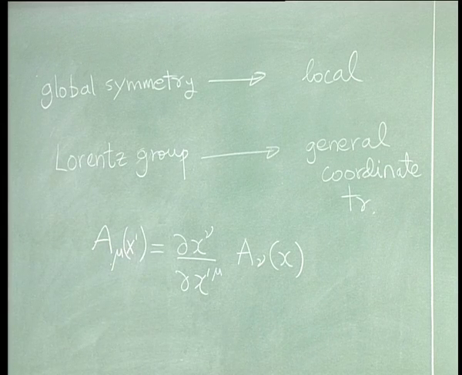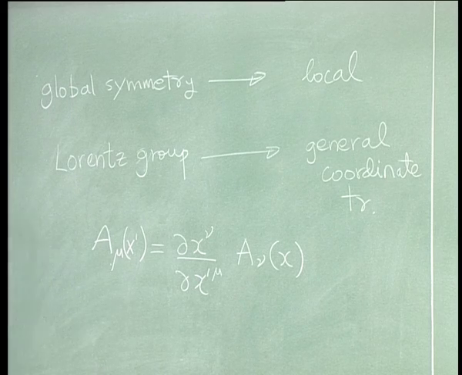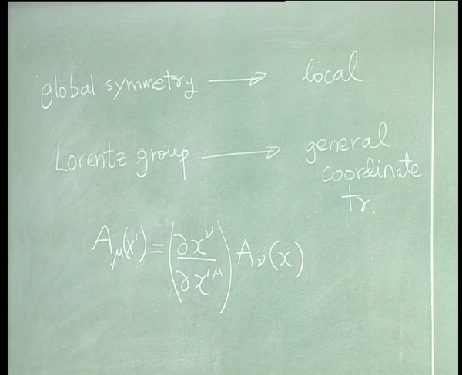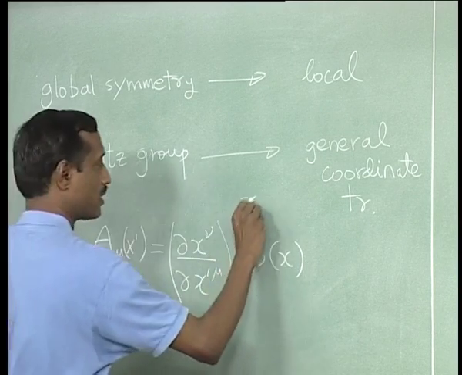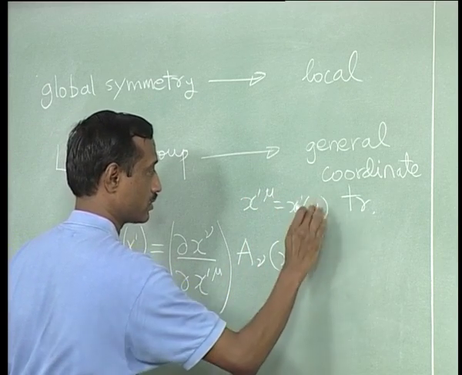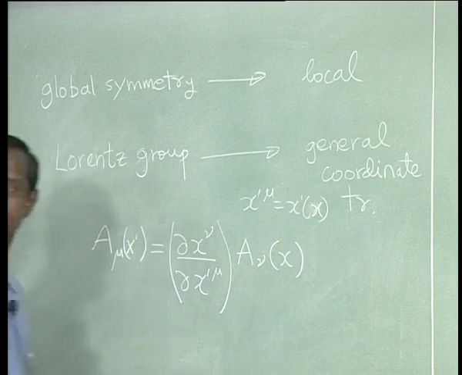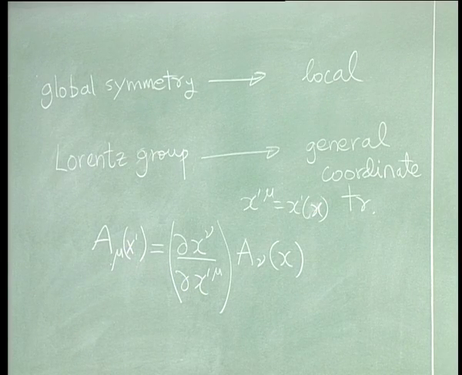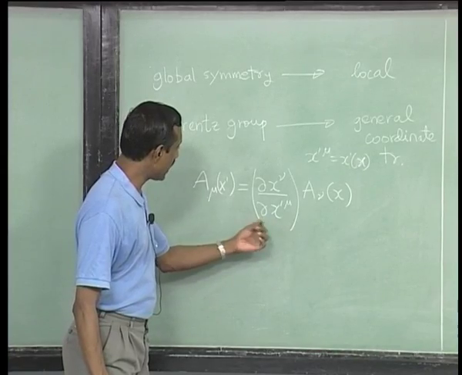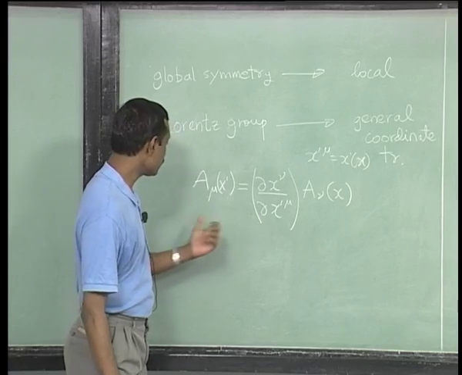So this should be the transformation of a vector field. You can define tensors this way, and this is really the Jacobian of the coordinate transformation, right. So what you're doing is you're saying x prime of mu is just some function of these coordinates. That's the general coordinate transformation.